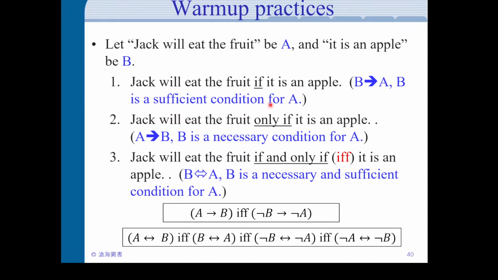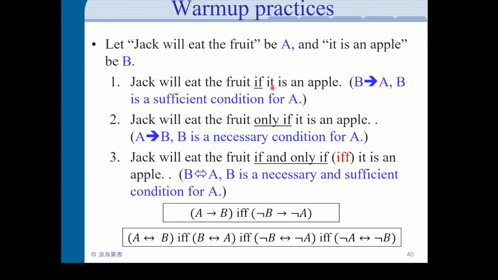We can translate English into statements. So say Jack eats a fruit if it is ripe, then this means the statement B implies the statement A, and in terms of logic we write this as B implies A. This is called B is a sufficient condition for A. So basically we are just introducing notation.